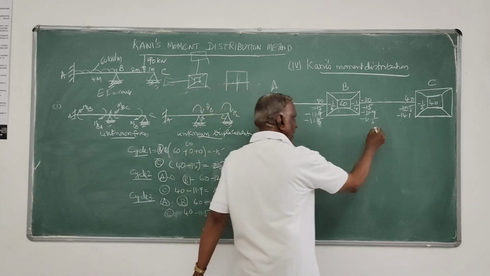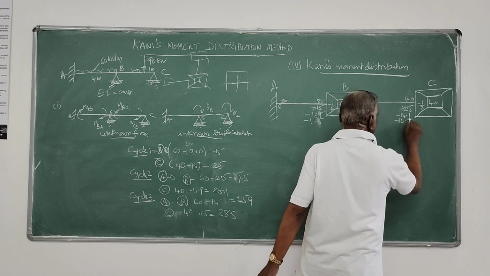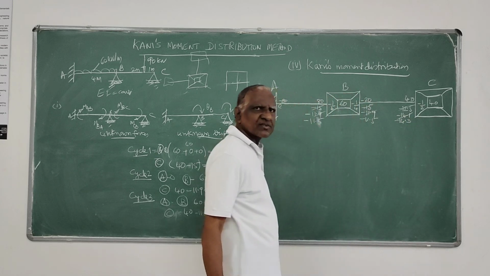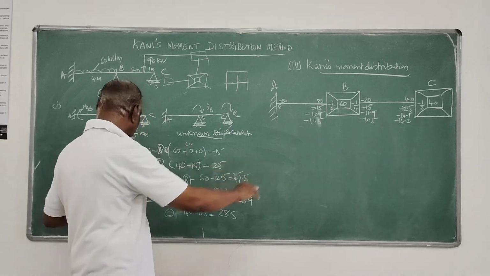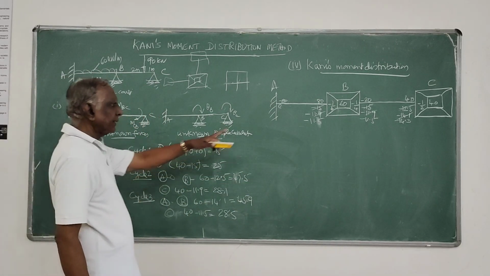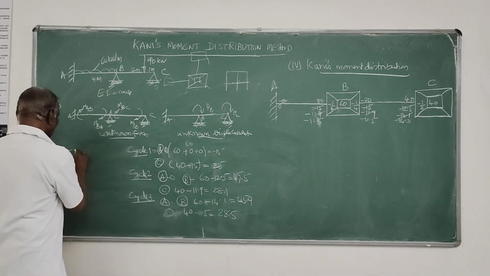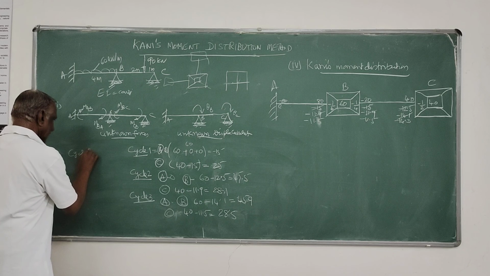That into minus half is minus 14.25. Cancel the previous one. So this is your cycle 3. Again you can continue, compare these values. Again there is a difference. Continue further. I will do only one more cycle.